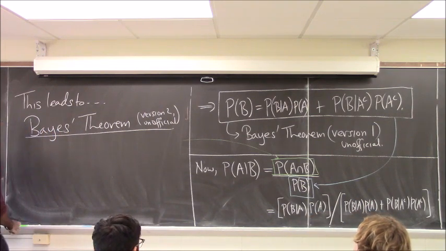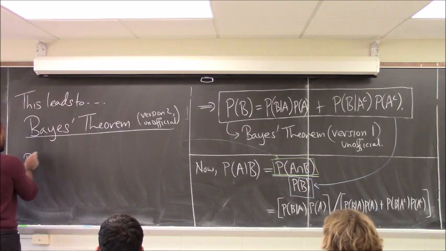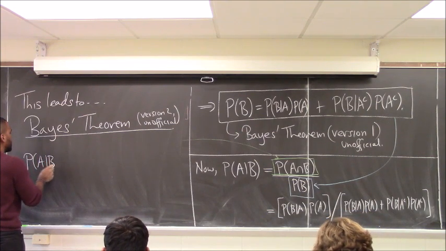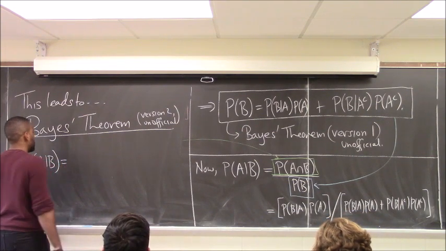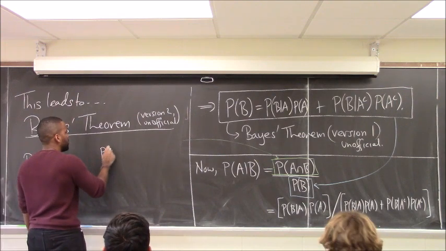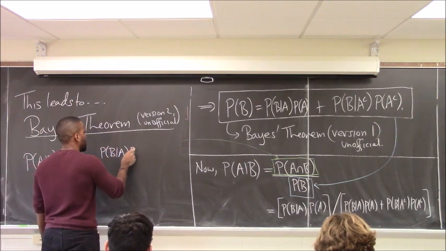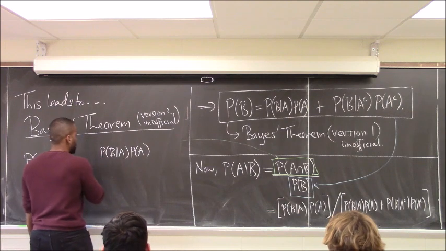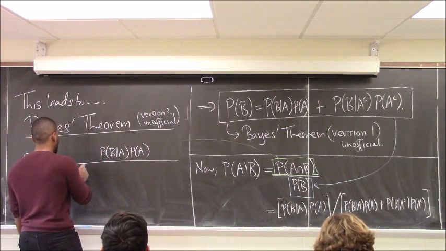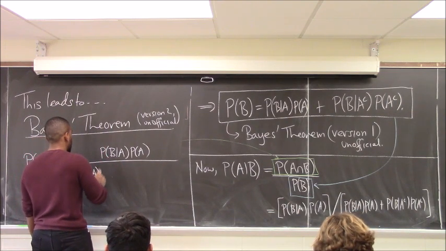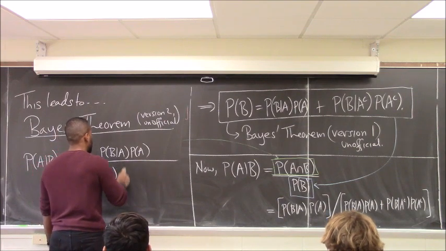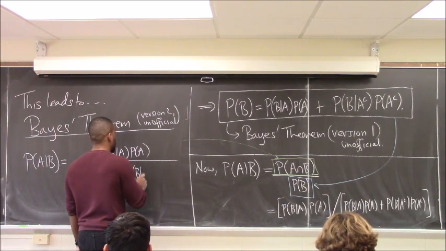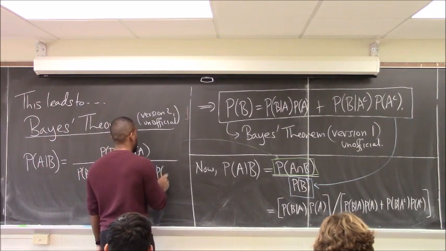They would tell you that the probability of A given B is equal to the probability of B given A times the probability of A, divided by the probability of B given A times the probability of A plus the probability of B given A complement times the probability of A complement.